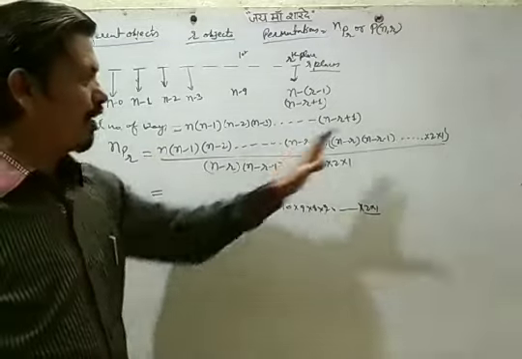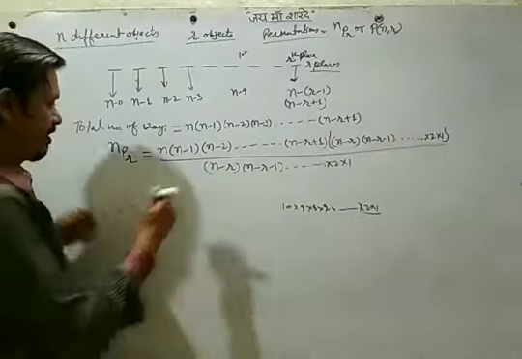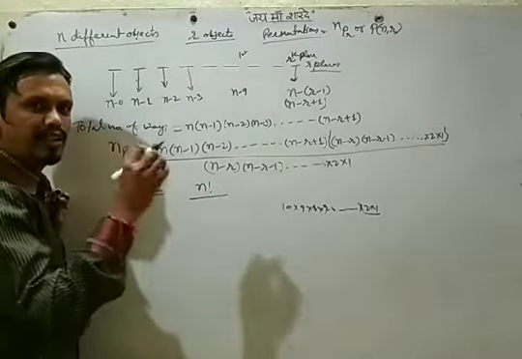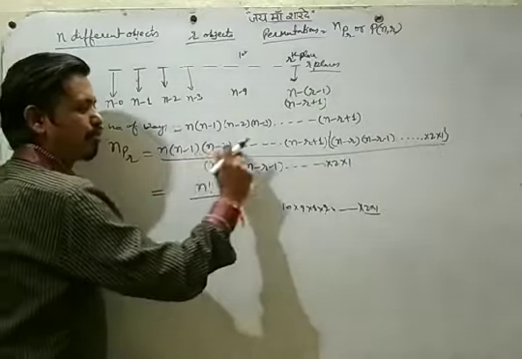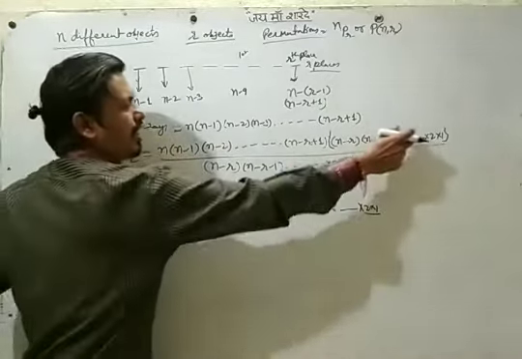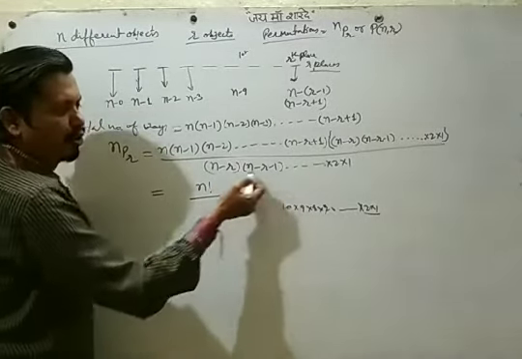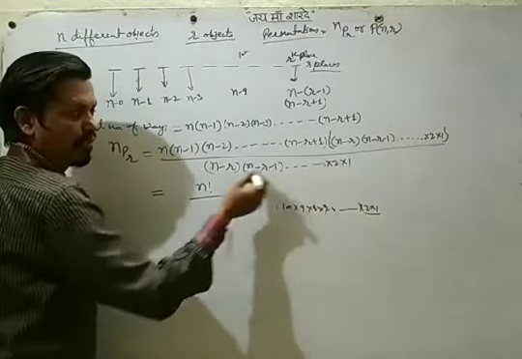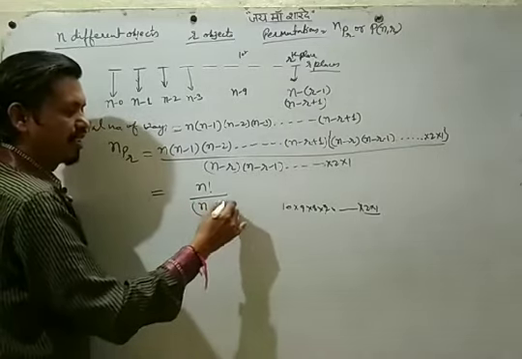If we multiply continuous numbers 1 to n, we can write it as n factorial, the product of the first n natural numbers. And here 1, 2, 3, 4 up to n minus r is the product of n minus r numbers. It means it can be written as n minus r factorial.